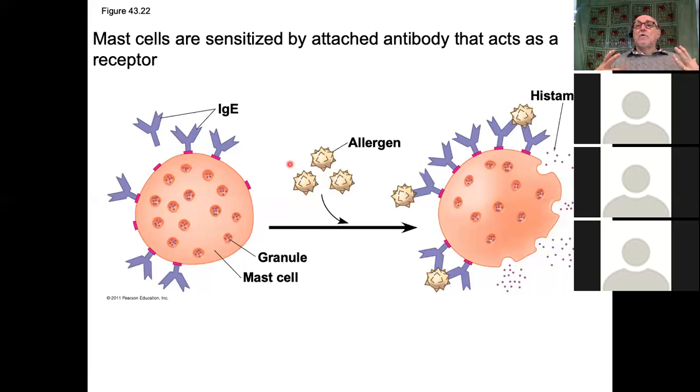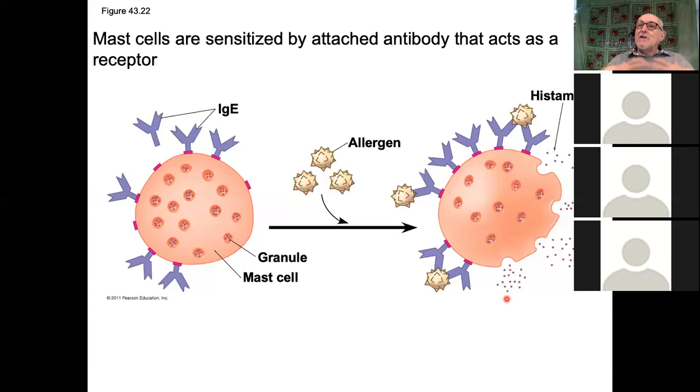Mast cells all over your body can develop a sensitivity to bee venom. The second time you're exposed, if you've done this, then all of the mast cells all over your body release their histamine all at once. And as a result, all the blood vessels in your body dilate. Your blood pressure crashes catastrophically.